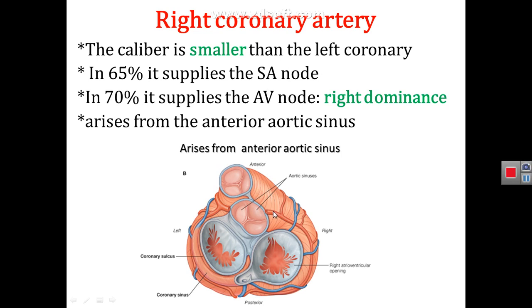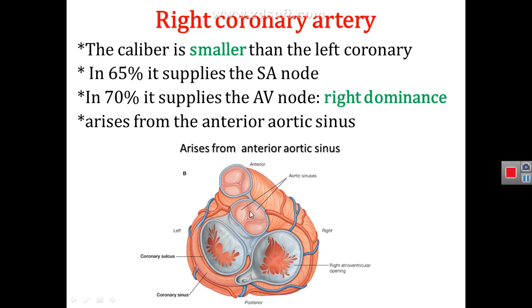And also this artery supplies the atrioventricular node of the conducting system in 70% of the population. And in that case, if the right coronary artery is supplying the AV node, the right coronary artery is called the dominant coronary artery, and it is called the right dominance of the coronary artery.